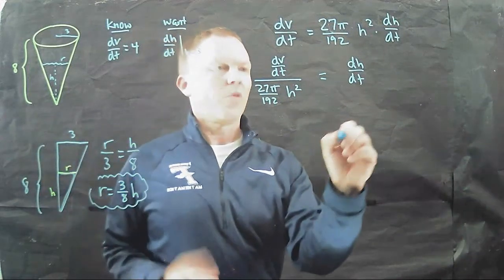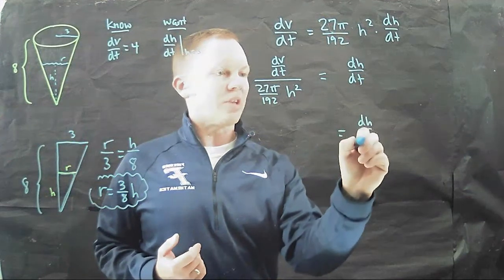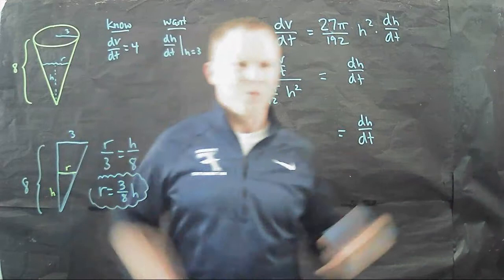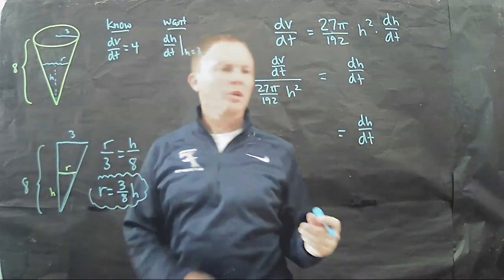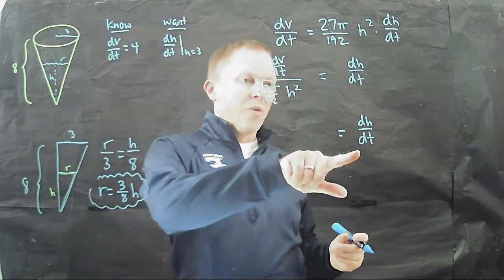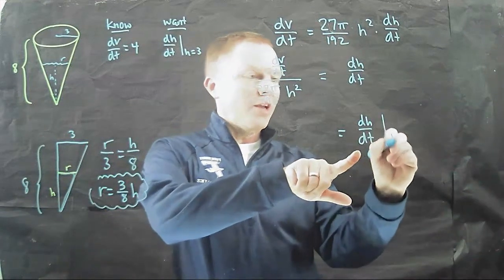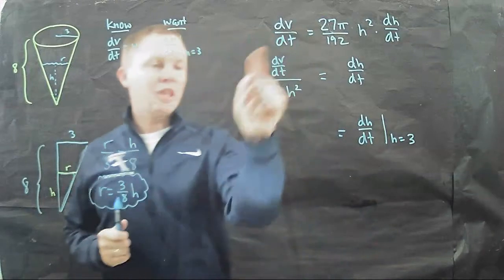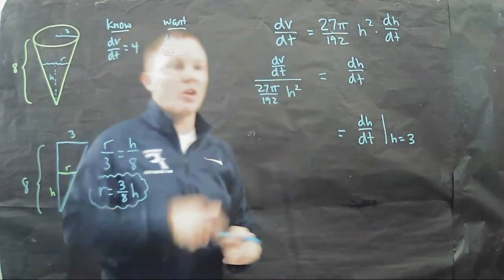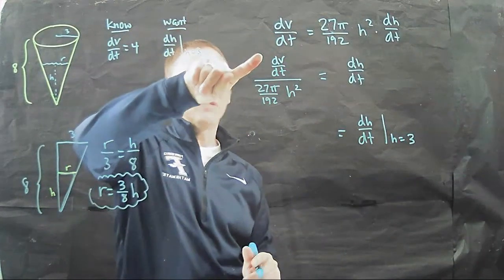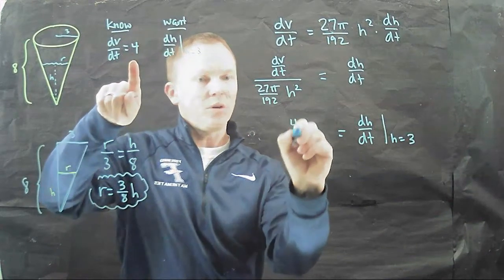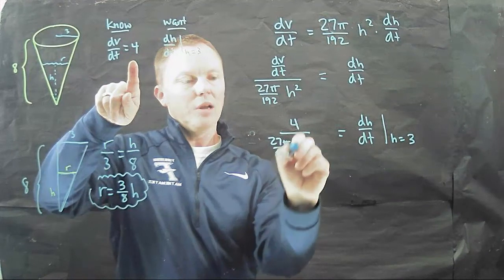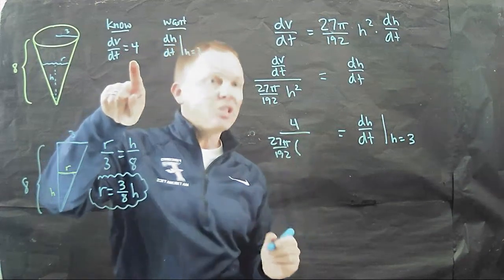I mean, that's just a huge, yucky mess. But we're going to do all this calculation on a calculator here, okay? We're not going to try to do all this arithmetic by hand. That's foolish, okay? So I want dH dt now when h equals 3. And if you notice here, this whole side has stuff in it that I know, right? So I can substitute in dV dt, which is 4, and I can put 27 pi over 192, and then h squared.